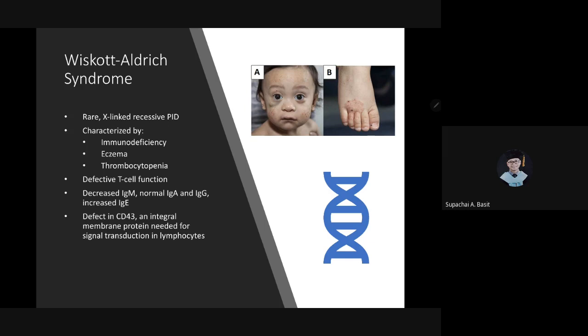So in Wiskott-Aldrich syndrome, you would expect that platelets would be extremely small and low in number. There is a defective T cell function, and as a result, there would be a decrease in IgM, normal IgA and IgG, and increase in IgE. So there is a defect in CD43.